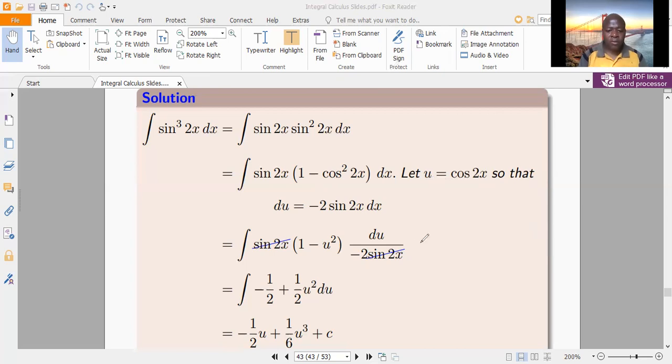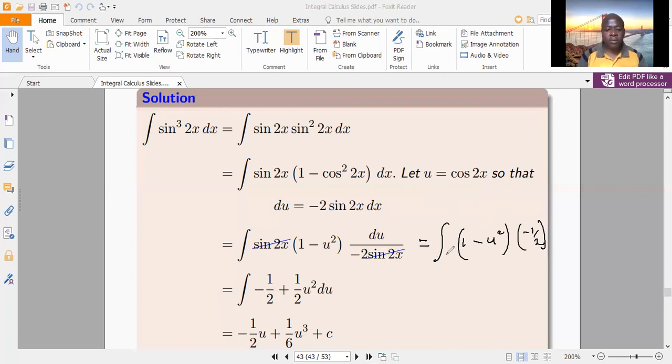So what do I have from here? This is what I have: 1 minus u squared times negative 1 out of 2. You may want to multiply this through or put it outside the integral sign, but what I've done here is multiply through first.